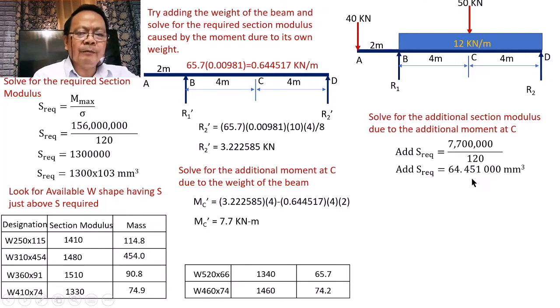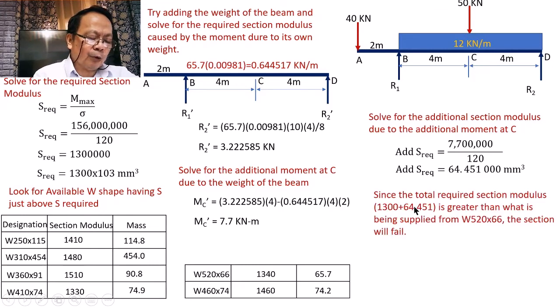Sa makatwid, ang total S required pag pinagsama na itong loading at saka yung weight ng beam will be 1,300 plus 64, and that gives us 1,364. At tingnan ulit natin ano ba yung ino-offer nitong section. It is only offering 1,340, which is less than the total required, di ba?